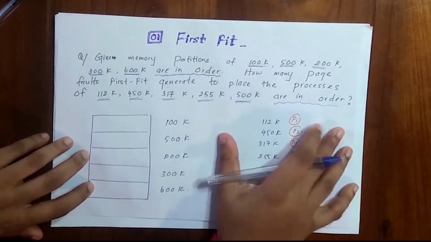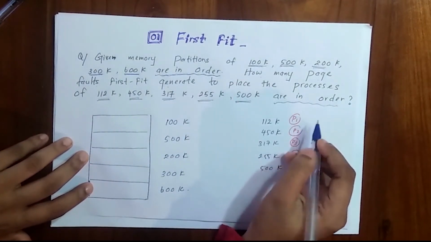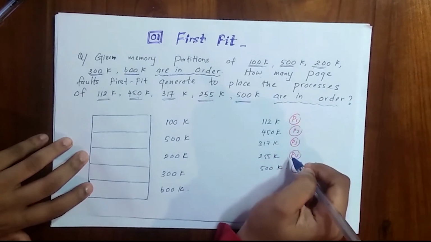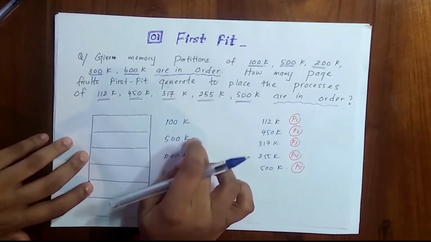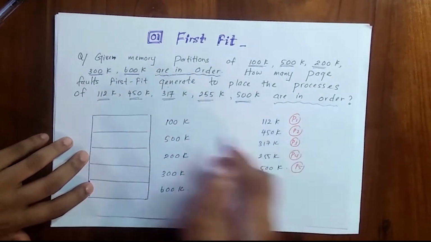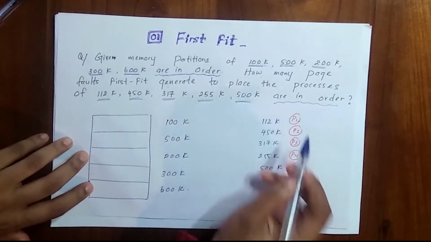So what happens in first fit is you have to place these processes in the very first suitable partition you get. So let's move to P1.